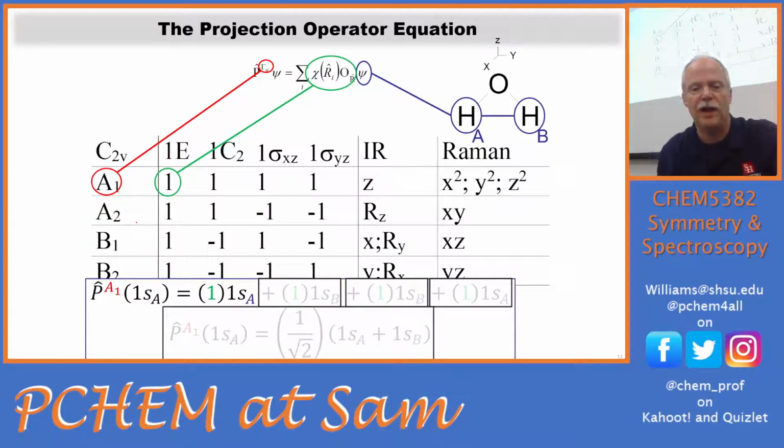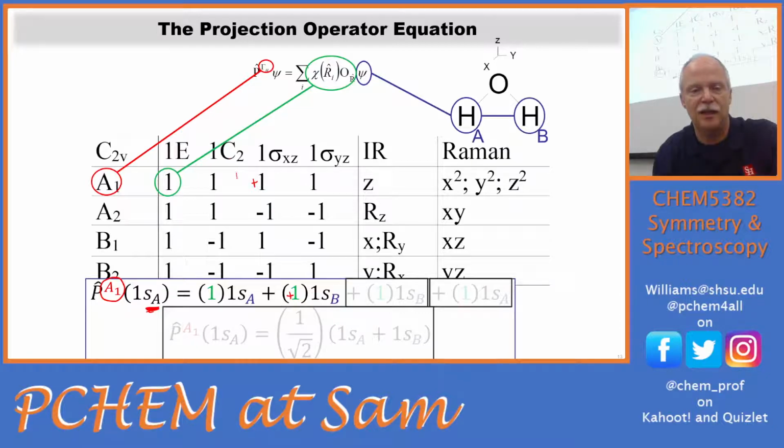And so here we have the projection operator for A1 operating on the 1s orbital on hydrogen atom A. And we have the character under E times the 1s orbital on atom A. Okay? Then we have a +1 here, right? This is a +1, and so this is a +1.